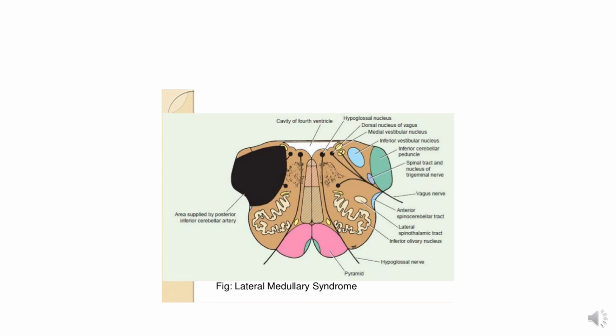In this, dysphagia and dysarthria due to paralysis of the ipsilateral palatal and laryngeal muscles innervated by the nucleus ambiguus; analgesia and thermoanesthesia on the ipsilateral side of the face, due to damage to the nucleus and spinal tract of the trigeminal nerve; vertigo, nausea, vomiting, nystagmus, because the vestibular nuclei are affected; ipsilateral Horner syndrome, as descending sympathetic fibers are affected; ipsilateral cerebellar signs of gait and limb ataxia, as the cerebellum or inferior cerebellar peduncle is affected; and contralateral loss of sensation of pain and temperature, that is, the spinal lemniscus or spinothalamic tract is affected.